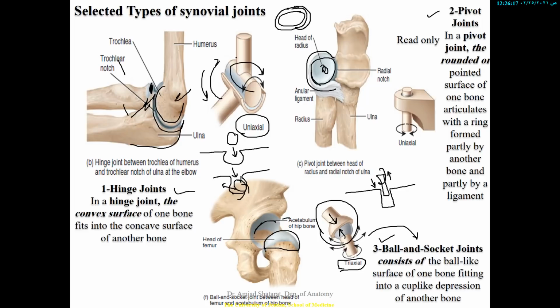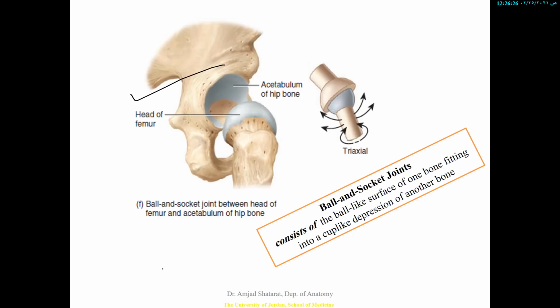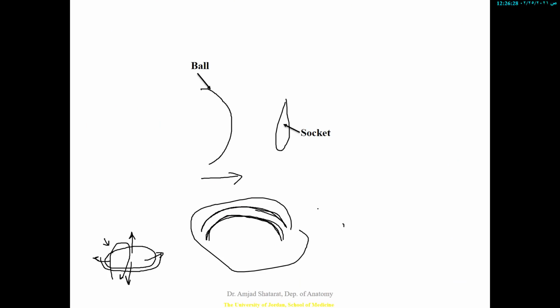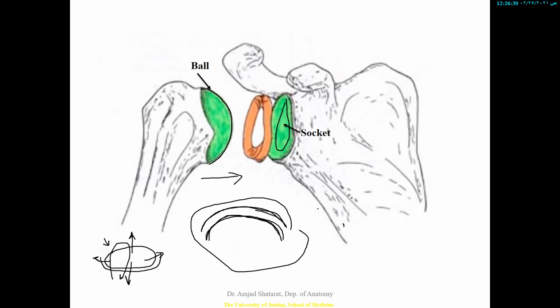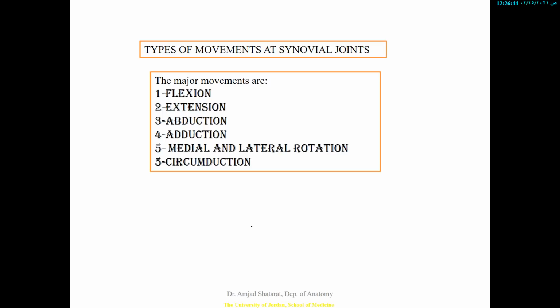Another example of uniaxial was the superior and inferior radio-ulnar joint. And of course I drew here for you the wrist joint, a biaxial joint, with adduction, abduction, flexion and extension: two axes, and of course four movements.